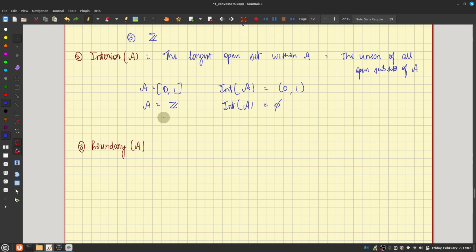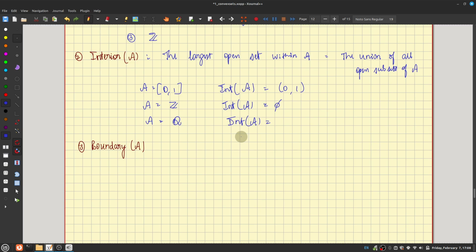Correct? Similarly, the set of rational numbers, Q. Is Q open? Take any rational number and draw an arbitrarily small ball around it.